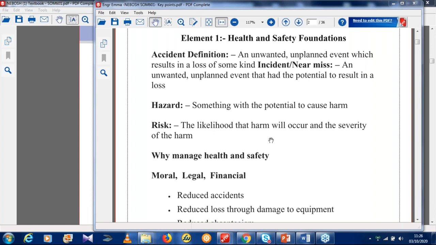What do I mean by that? Imagine you are descending a very long staircase, and I usually use this example, you have your hands occupied. You're holding your phone, or making a phone call with one hand, and you have some items in the other hand.